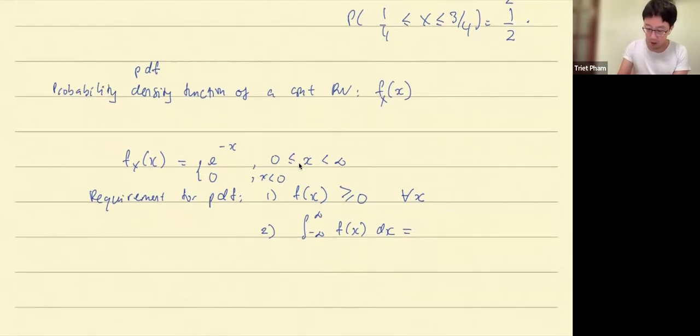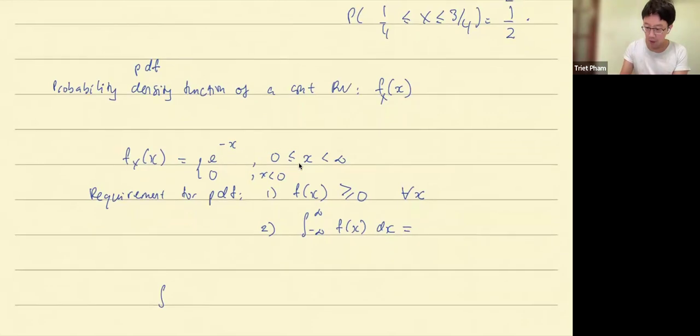Second, right, let's check out the integral. So you see here, the integral only has to go from 0 to infinity of e to minus x dx, right? But of course, it's just minus e to minus x. And really, that's 1.